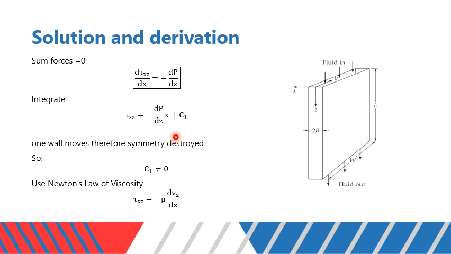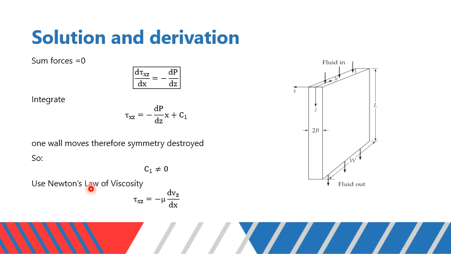Here C1, if both walls were stationary, this C1 would have been 0, but as one wall is moving and the symmetry is destroyed, therefore C1 will not be equal to 0.